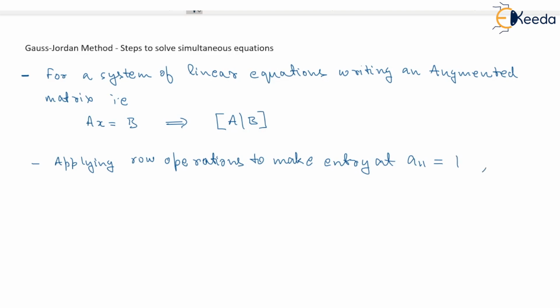And if A11 is 0, we will make some interchanging of the rows, interchanging rows to get a non-zero value first.